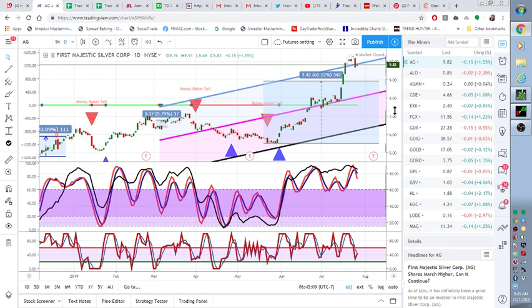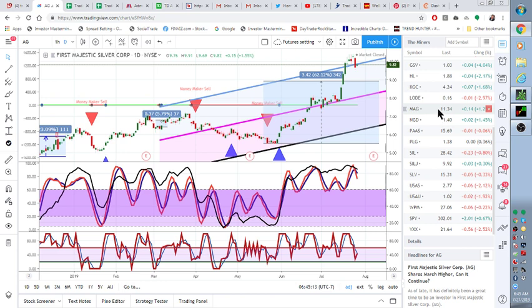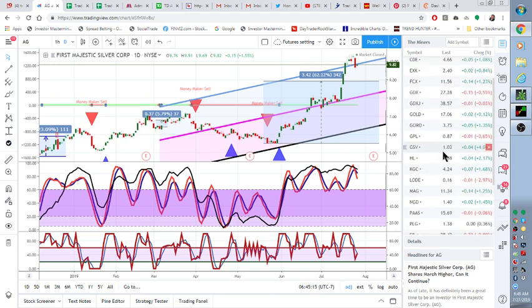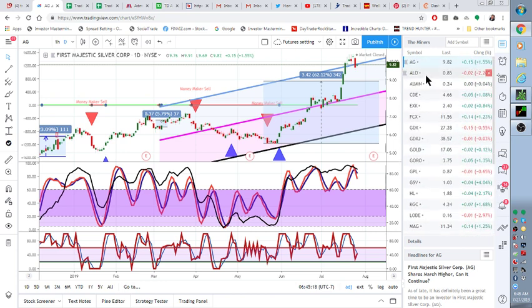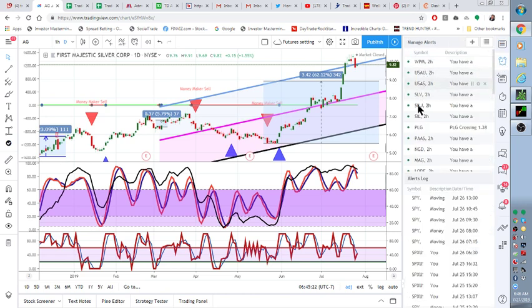Well, I have a list, first of all, of most of the miners that are trading on the big board, and I have set alerts on all of those on a 2 hour time frame. I'm showing a daily here because my expectation is that we're consolidating and I want to have a little more heads up when the move is going to come again.